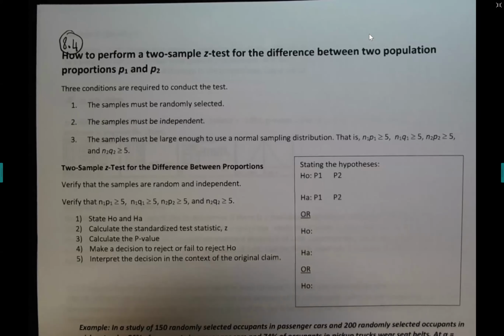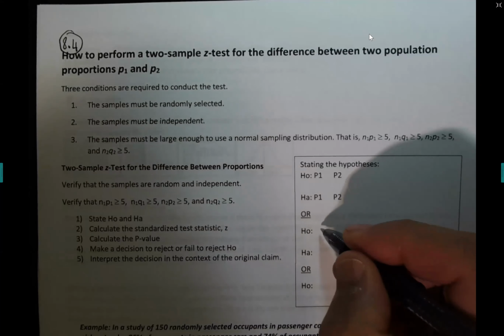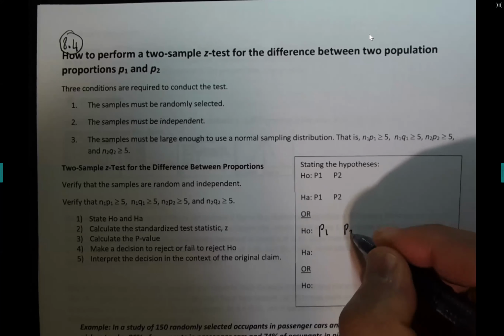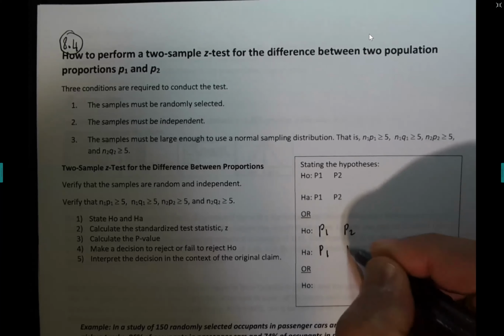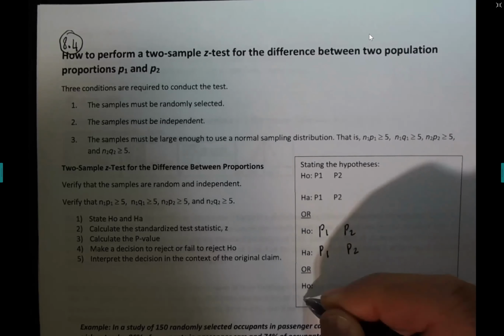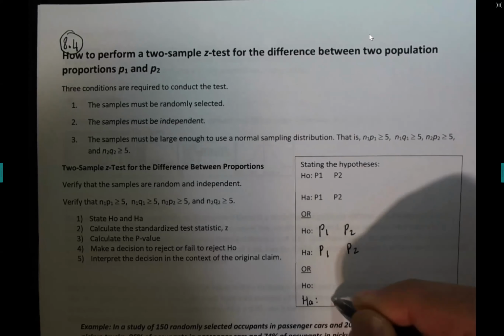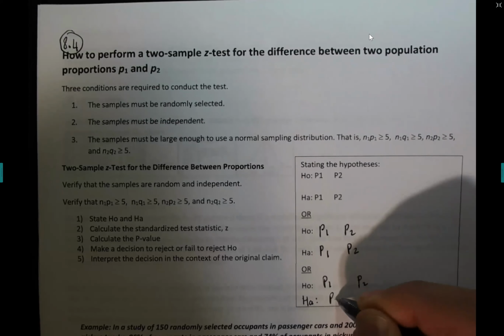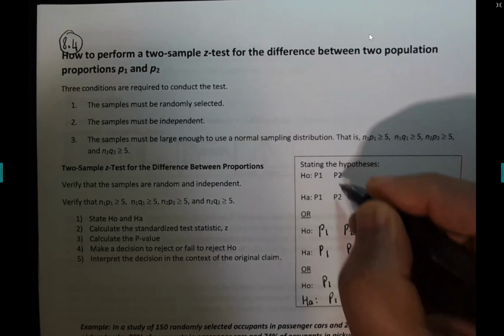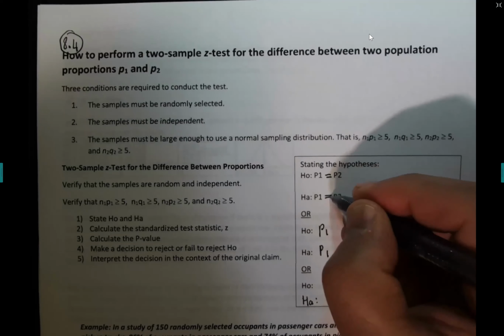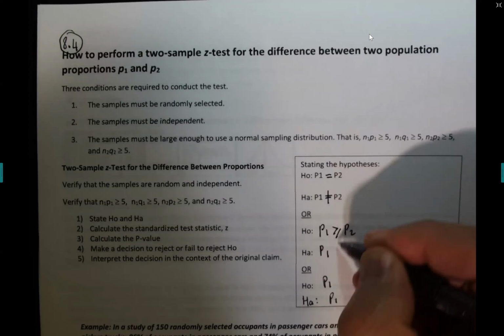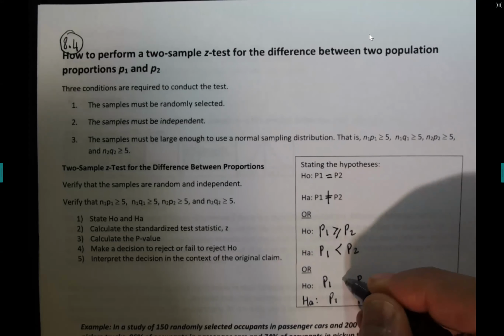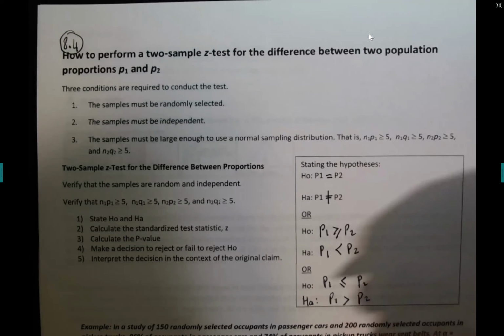Can you guys help me state the null and the alternative here for the proportion? It's not going to be any different from the means, guys. Whatever you did for the means, it's going to be exactly the same. Just change the labels. You guys agree with me, one could be equal, not equal. One greater than or equal, less than, and this is less than or equal, greater than.